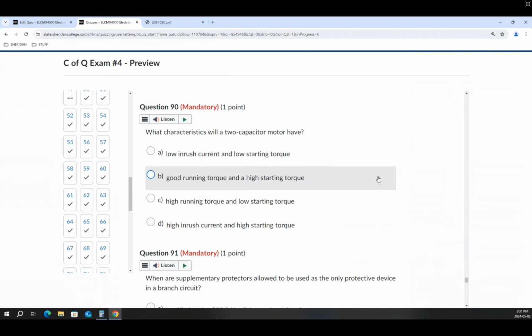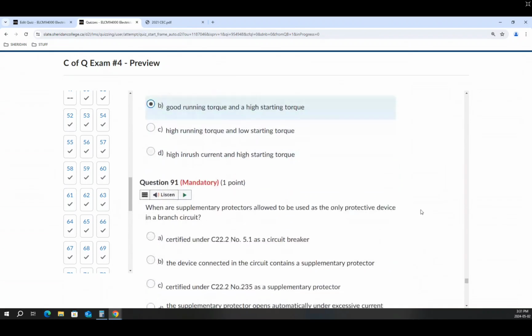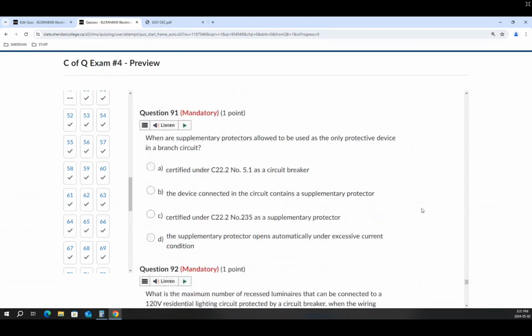What characteristics will a 2 capacitor motor have? Good running torque and high starting torque. 91.